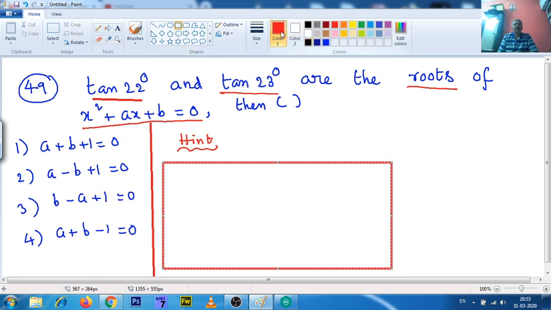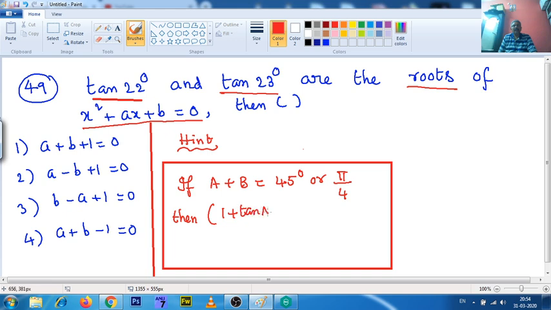Please note it down: if a plus b is equal to 45 degrees or pi by 4, then (1 plus tan a) into (1 plus tan b) equals 2.